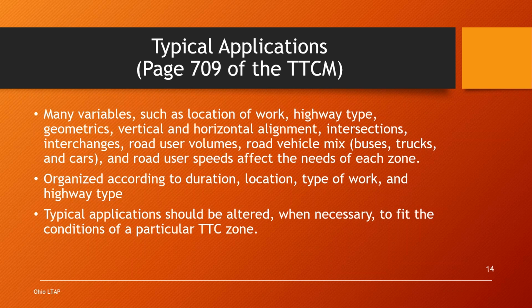The location of the work, maybe we're just working on the shoulder, maybe we're working in 1 lane, or maybe we're closing 2 lanes. The roadway type, the geometrics of the roadway, from a curvy, hilly road to a freeway that's straight for miles, vertical and horizontal alignments. Maybe we're working at intersections, maybe we're working at an interchange. The volumes of traffic, the road vehicle mix, and of course the speed of traffic. Each one of these affects the needs of each work zone.